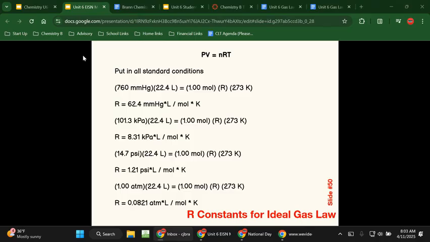Meaning, if I give you a different unit of pressure, that is the only thing you need to change. You put in the different unit of pressure here, and then you calculate it. And that will give you an R value, ladies and gentlemen. And I will guarantee you, I'm going to ask you to do that on your test. Questions?